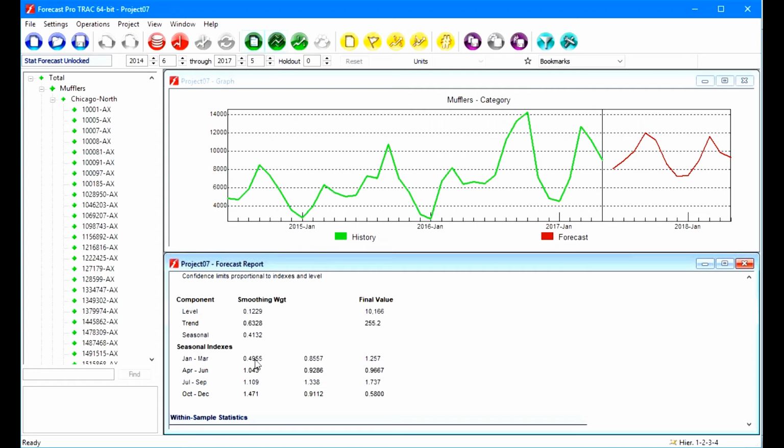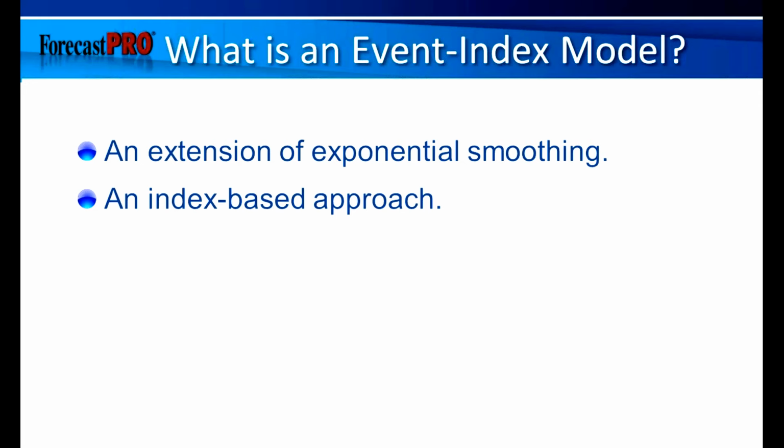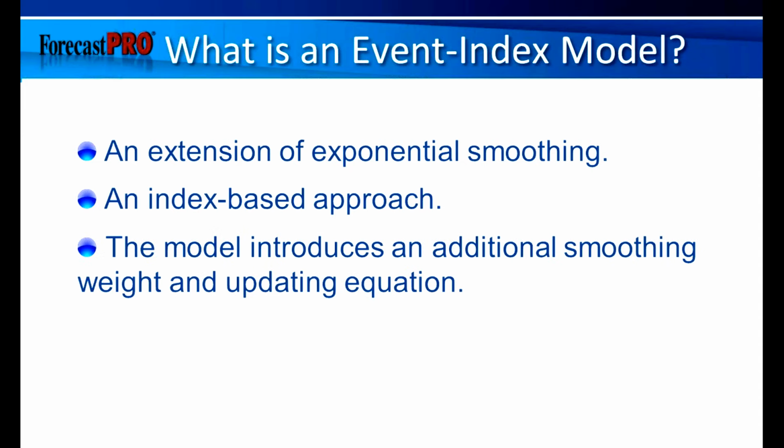And the event approach is very similar. So the idea is that when the event happens, we're going to adjust it up according to an index or adjust it down according to an index, depending on whether it's a positive or negative impact from that event. So very similar to the way seasonal indexes are working in an exponential smoothing model.